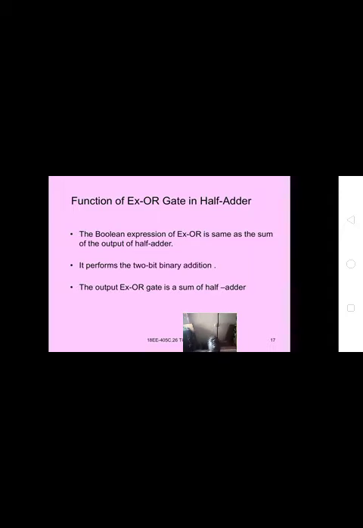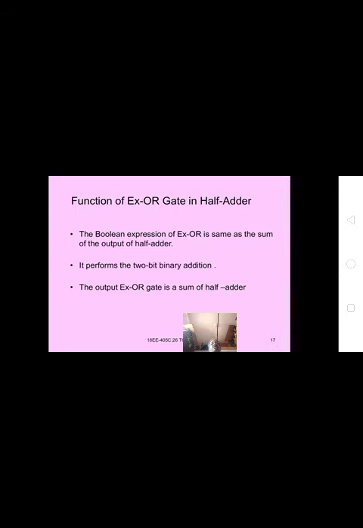Function of XOR gate in a half adder. The Boolean expression of XOR is same as the sum output of the half adder. It performs the 2-bit binary addition.